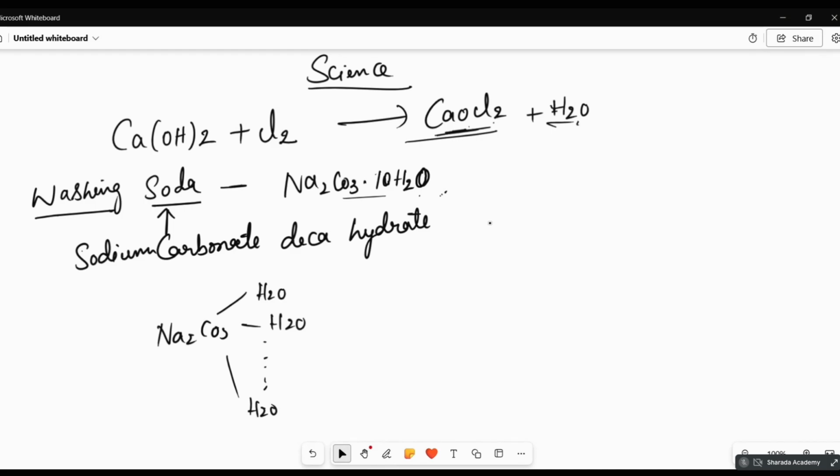Washing soda doesn't work with hard water, whereas detergents work with hard water. They will not spoil the clothes as much; the glow of the cloth stays with washing soda. But washing soda doesn't give lather with hard water, whereas detergents give lather with hard water also. That is the major difference. Na2CO3 is a base, right? So it is a basic salt that we get here.